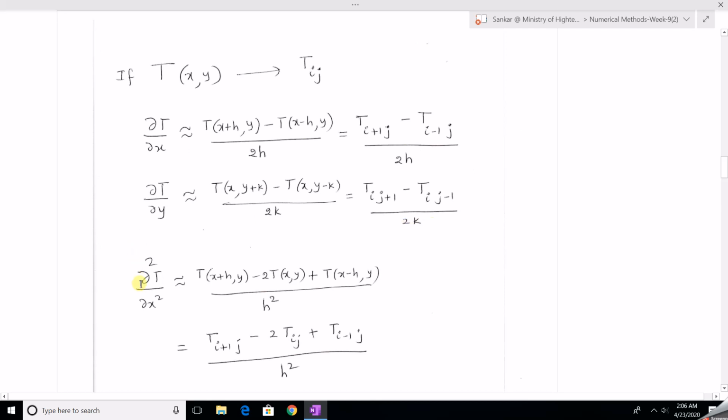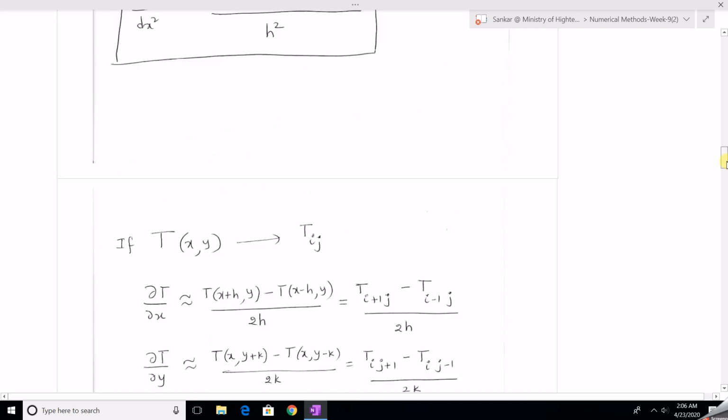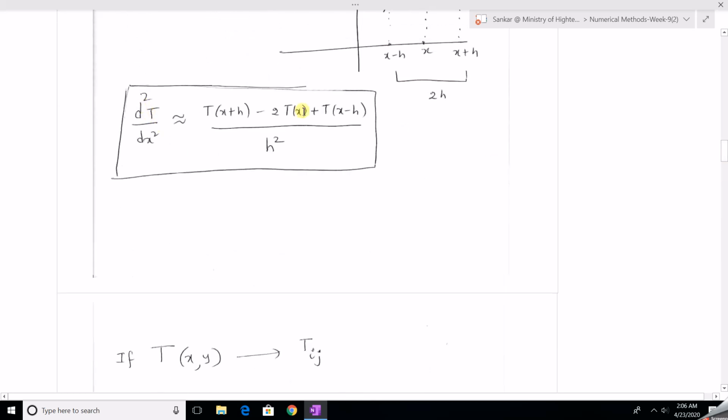Similarly, let us look at partial derivatives of second order, ∂²T over ∂x². If you recollect, earlier we have seen the second order derivative. This is the second order ordinary derivative, d²T over dx². Now the same formula we use, but for the partial derivative.